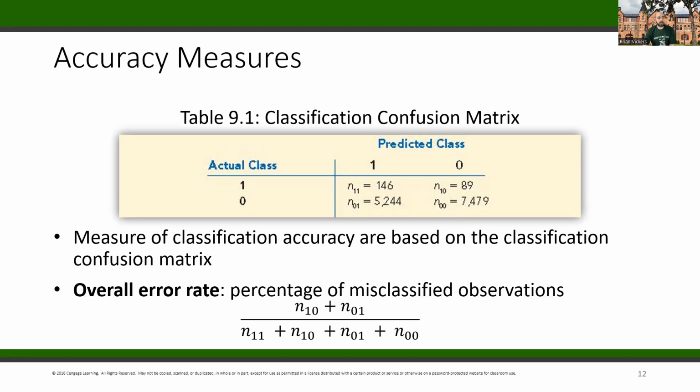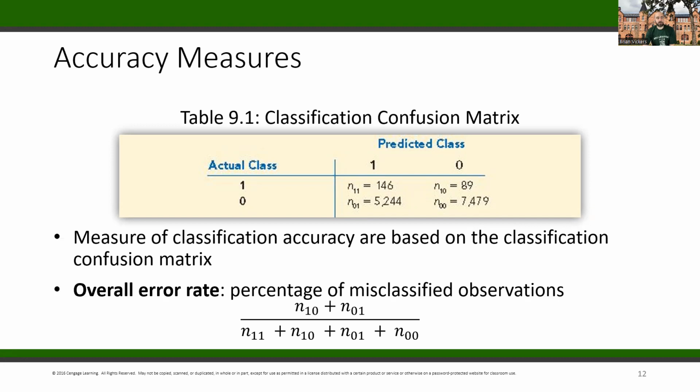So out of all the predicted defaults, these two added together is how many were predicted to default. 146 of them actually did default. 5,244 were incorrectly classified as defaults, right? And then here, how many times it predicted no default, right? These added together are the number of times that it predicted they would not default.